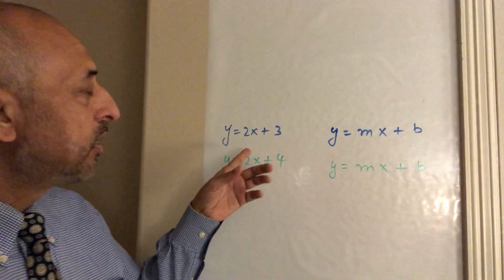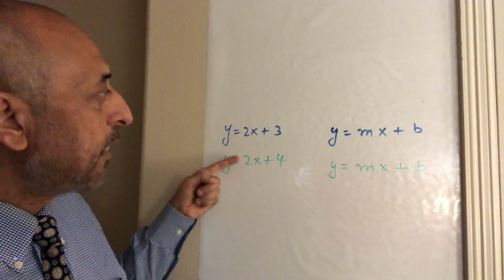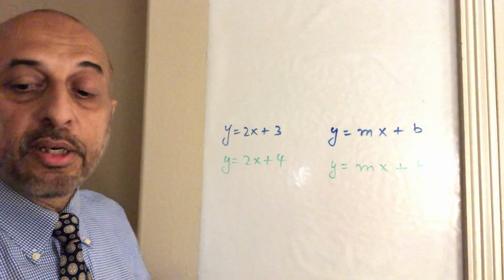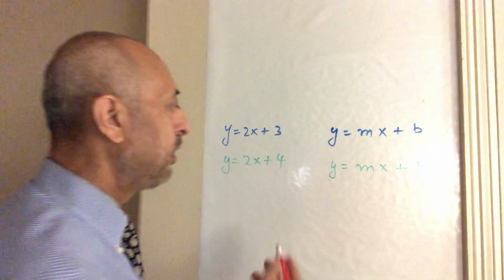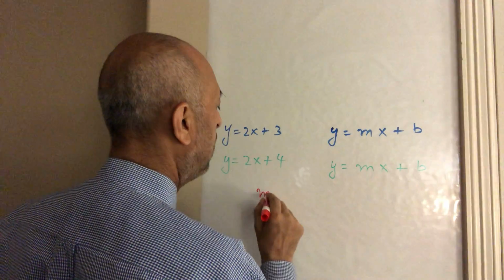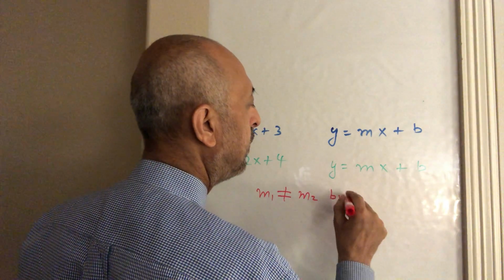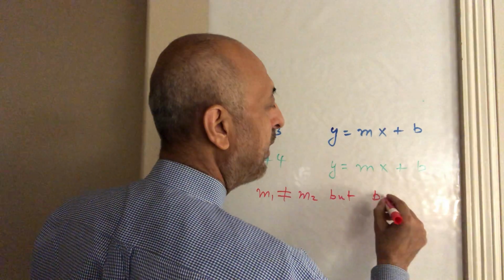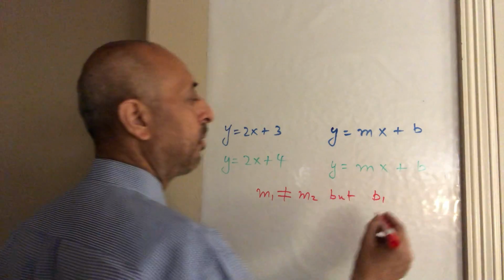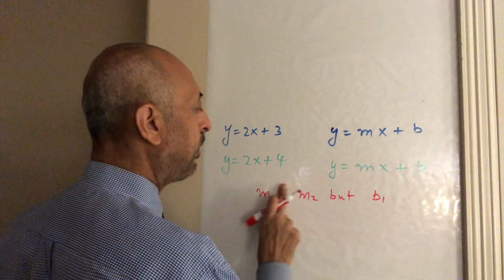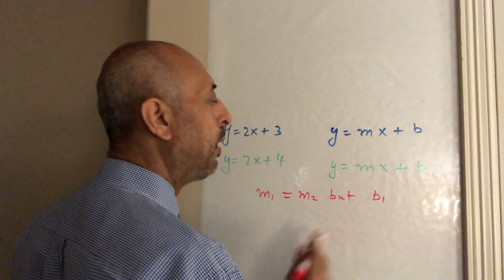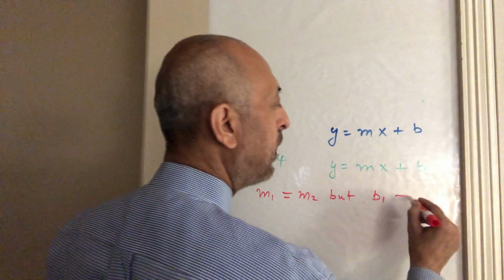Here, as you notice, the slopes are the same, but the y-intercepts are different. This situation means m1 is equal to m2, but b1 is not equal to b2.